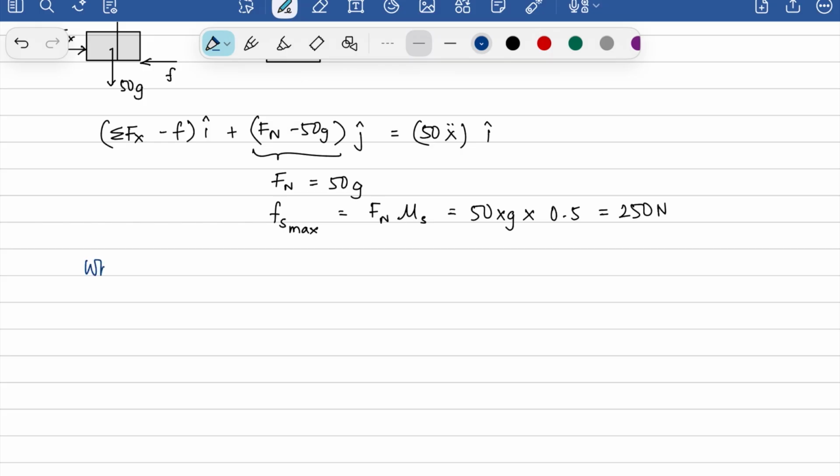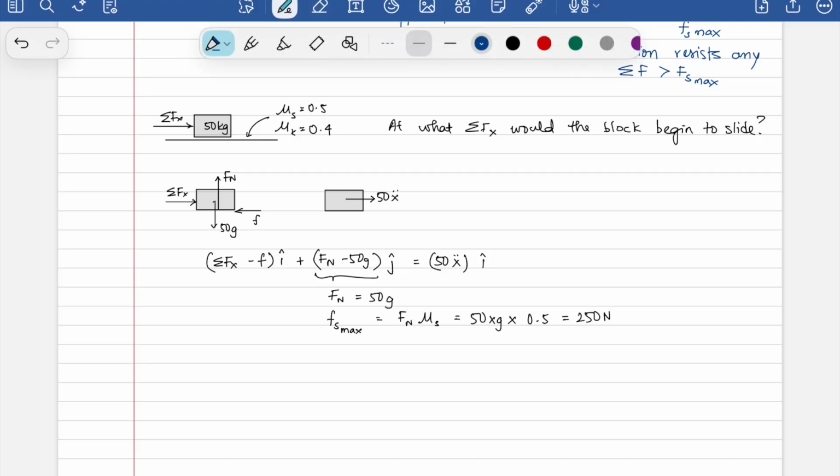Okay, so when it begins to slide, x double dot is equal to 0, giving me sigma Fx minus F is equal to 0, wherein this F here is Fs max, meaning sigma Fx is equal to 250 newtons, which is the amount of force that you need to apply so the block begins to slide.